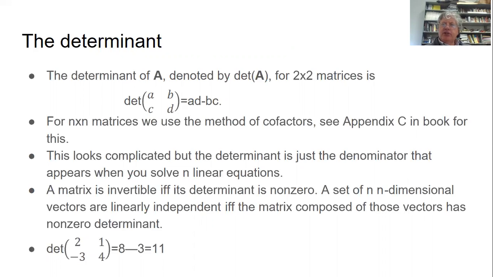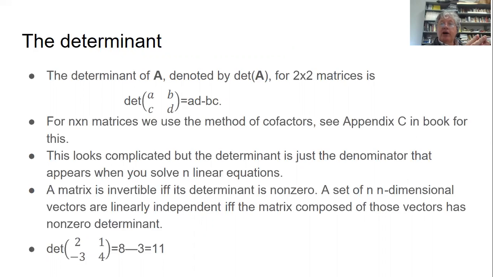There's also a geometric way of thinking of the determinant. For a 2 by 2 matrix, you take the unit square and transform it by the matrix, and the determinant gives you the area of the parallelogram formed by the transformed square.